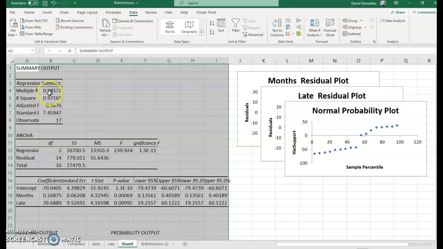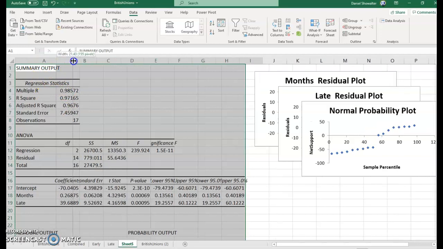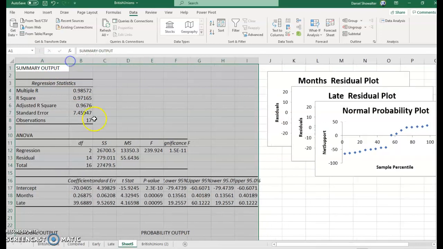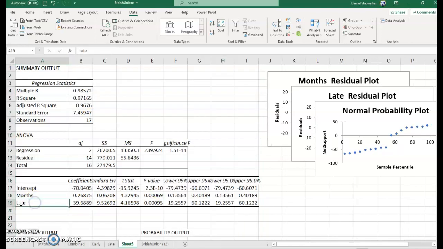So this is where we have both in the model, and essentially what that means is we have parallel regression lines, and that would give us a model where our predicted support was negative 70.0405.